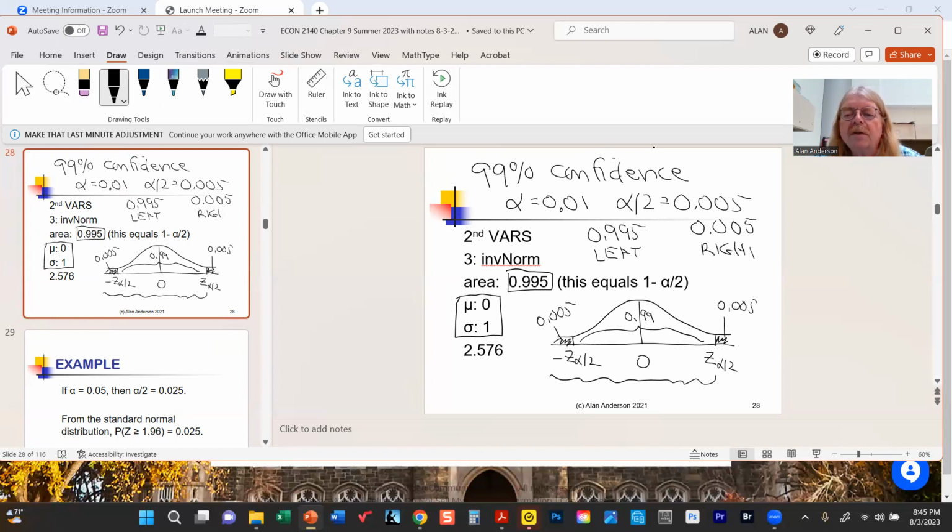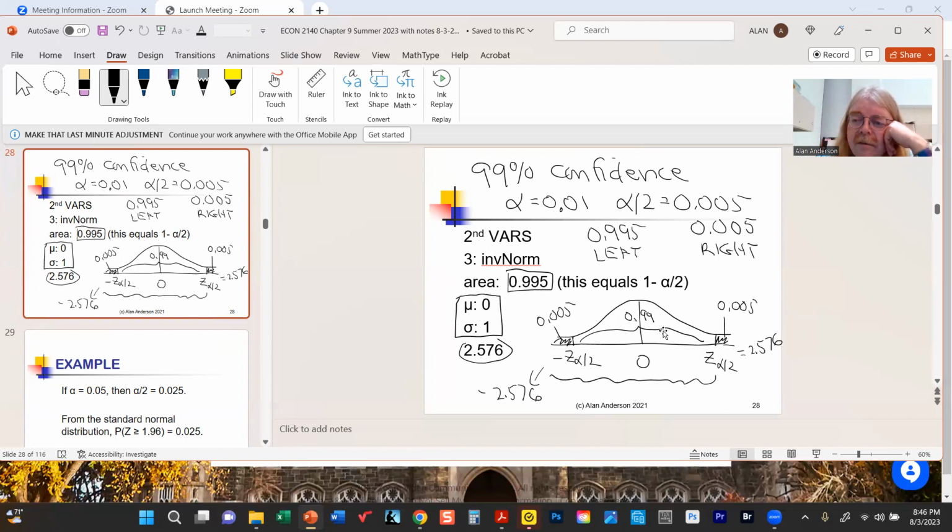So both of these will give you the same result, 2.576. And that implies that this one is positive 2.576, and this one is negative 2.576. So those are my z-scores if I'm constructing a 99% confidence interval with the standard normal distribution.